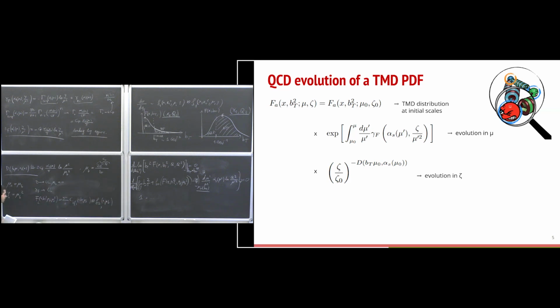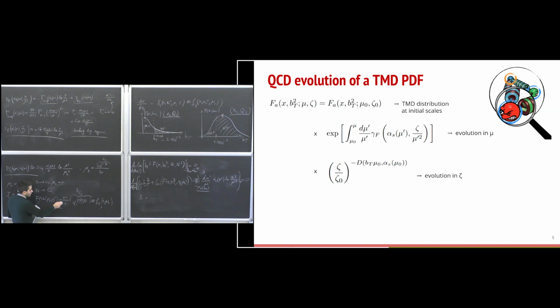This is the generic expression. If you evaluate it at leading log, this is a delta on the flavors, delta ij. This function contains all the collinear splittings of quarks and gluons, but in the leading log approximation you're not including any power of alpha strong in this C coefficient. So it's just a delta on the flavor indices.